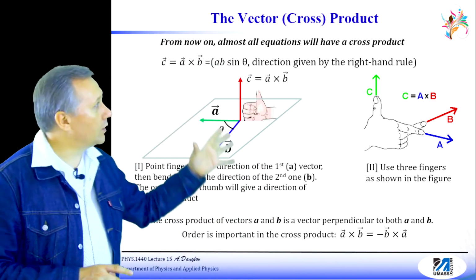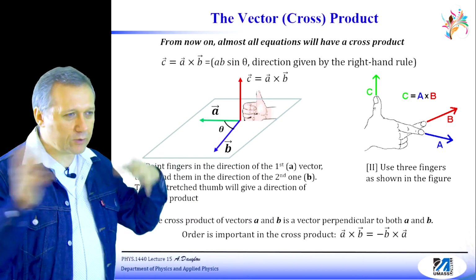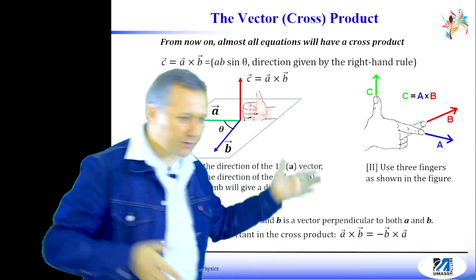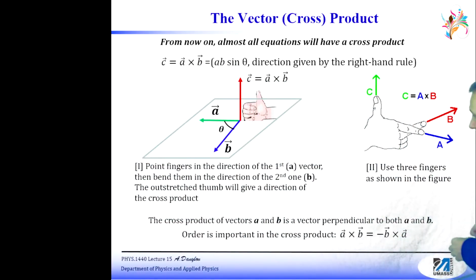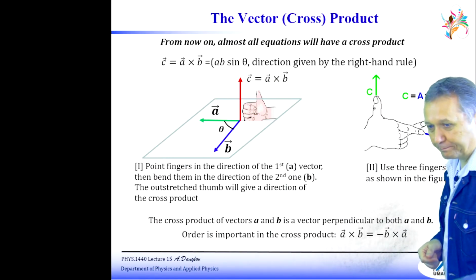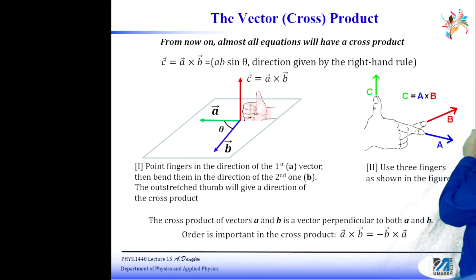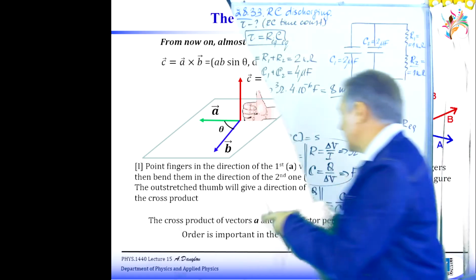Now let me switch to the whiteboard, and I will pick some random examples to practice the right-hand rule, because it's very important. We will practice it till the end of the class.